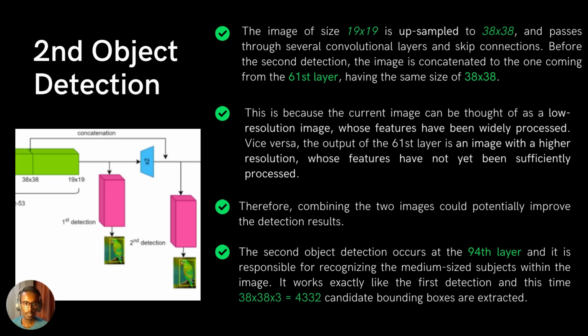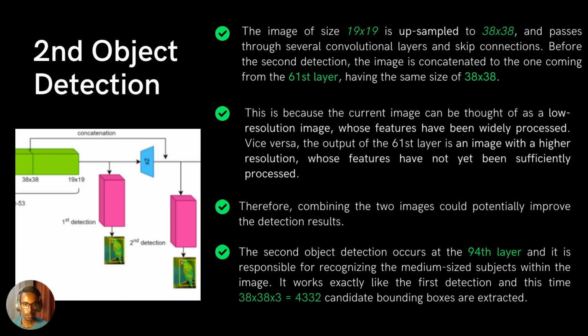Since the one coming from the first detection has been processed multiple times, the one coming from the 61st layer of the Darknet backbone is not processed by different convolutions. It's going to preserve some of the information coming from that layer. And when we concatenate them together, it's going to enhance and improve the detection results.